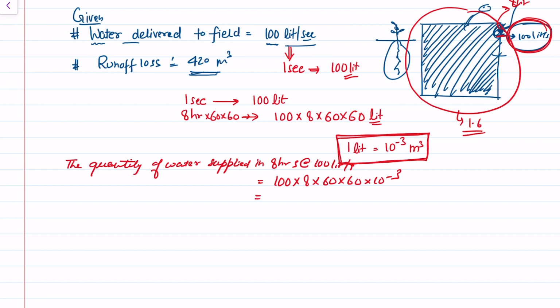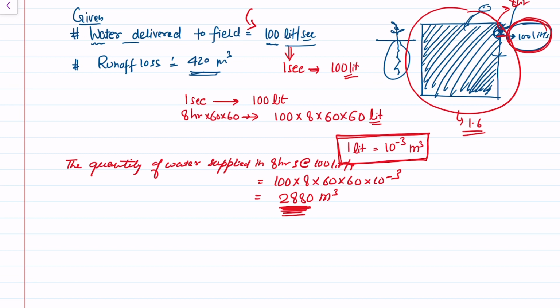So this will come out to be 2880 meter cube. So the overall volume of water delivered to the field is 2880 meter cube.